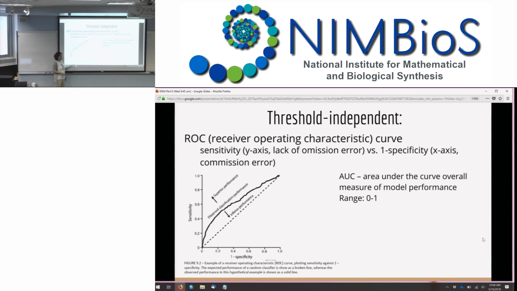Now there is the threshold independent option, and those of you who have run models or have read papers know the star is the receiver operating characteristic, and the area under the curve of this receiver operating characteristic. This is an analysis that I think dates back to the 40s, used by radar engineers.